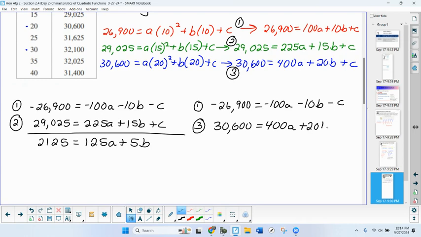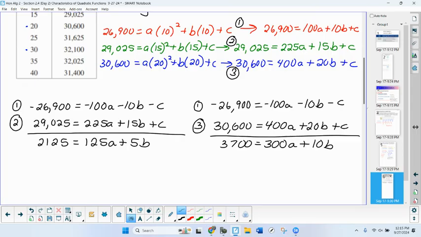Oh my gosh, I can't stand how slow my writing is right now. Add those together. What do you guys get? 3,700 equals what? 300A plus 10B. All right.